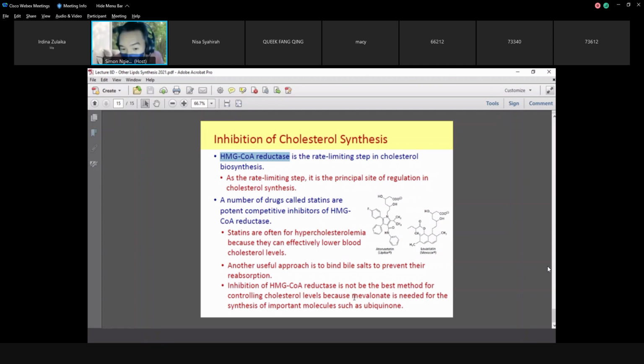But it is not good in a way, because in your cholesterol synthesis process, you also generate mevalonate. Mevalonate is not only needed for cholesterol synthesis, it is also needed for the synthesis of other molecules, such as your ubiquinone. So if taken in an uncontrolled manner, although it helps reduce blood cholesterol level because it stops the synthesis process, for long-term taking it is not good because it also stops the production of mevalonate, which is needed for other things.